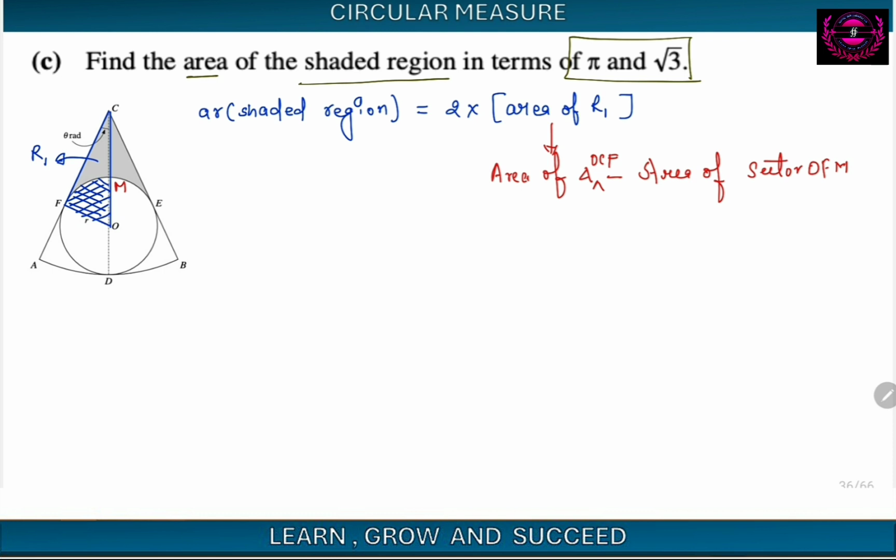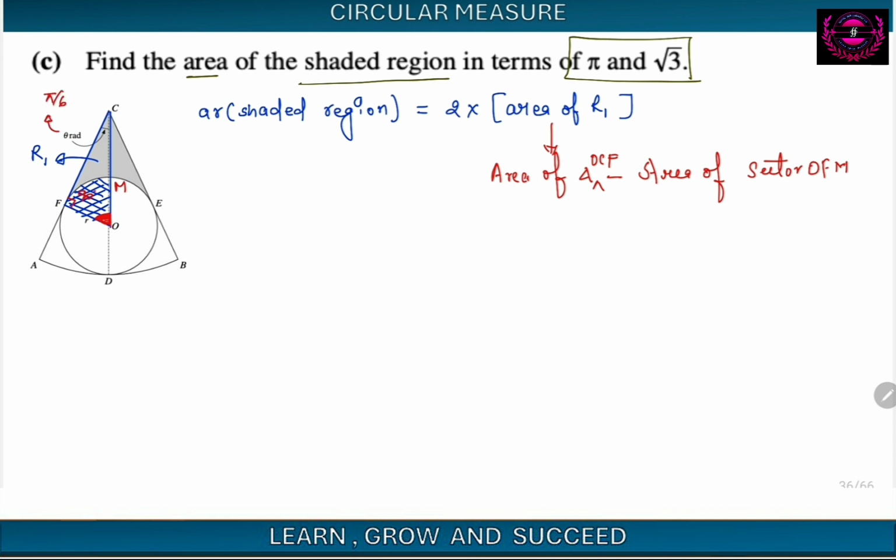Fine, but for that we need this angle, this theta. So how can we find this angle? We know that this is 90 degree, and theta is given to be pi by 6.